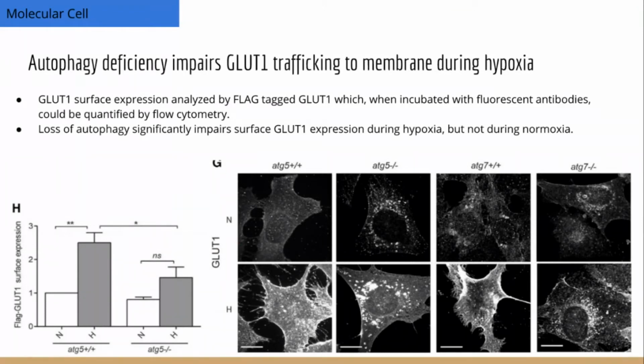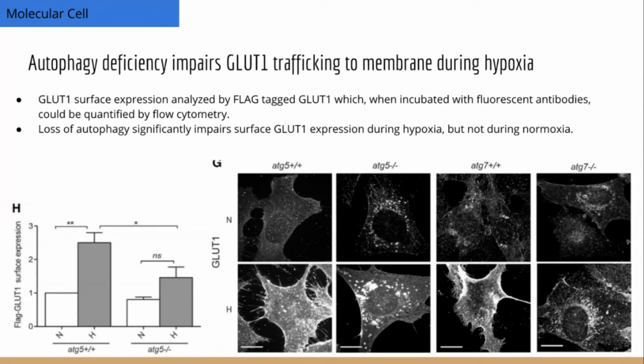So they chased the cells with media not containing the antibodies, and then to analyze the amount of fluorescent antibodies that stuck onto GLUT1, they fed the cells into a flow cytometer, and they quantified the amount of surface fluorescence by fluorescence activated cell sorting. So the amount of fluorescence on each cell was measured, and that served as a proxy of GLUT1 surface expression at the time of the antibody pulse.